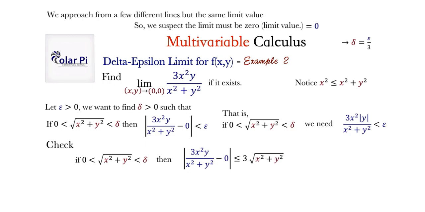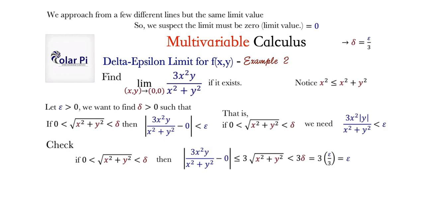You know it. Okay, so we're here. And then now I could say that this here is strictly less than 3 delta. But then we said that delta is equal to epsilon over 3, so this here is strictly less than 3 times epsilon over 3, and therefore we just saw in our check that whenever this is true, this will be less than epsilon as desired.